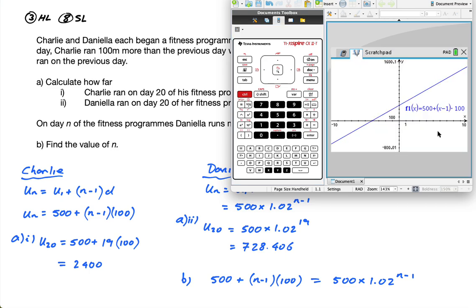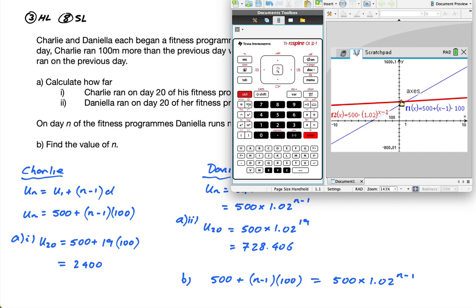Okay, that looks better. Now I'm going to draw her graph. So her graph is going to be 500 times 1.02 to the power of x minus 1, which is this.